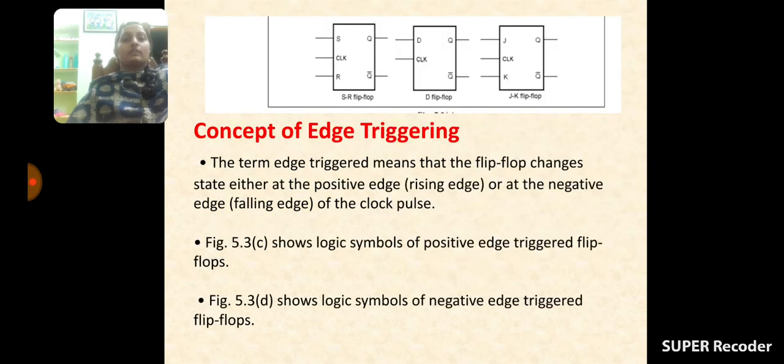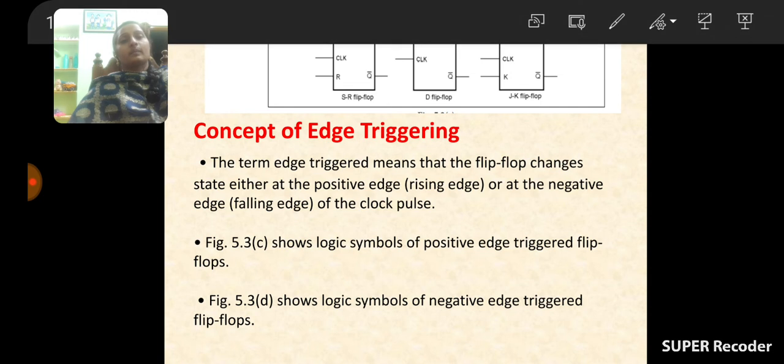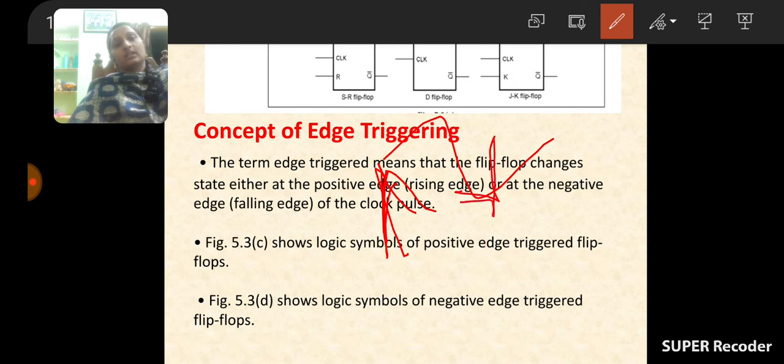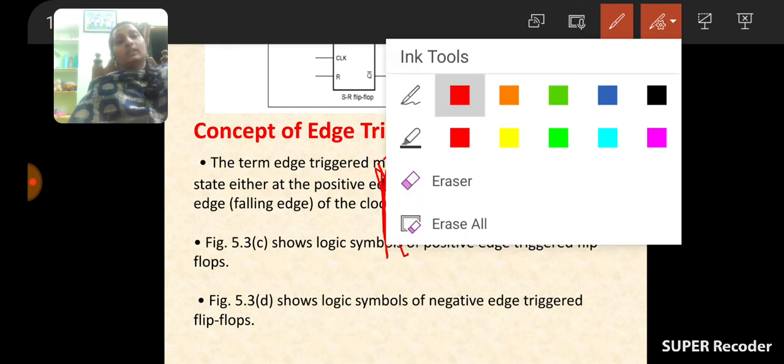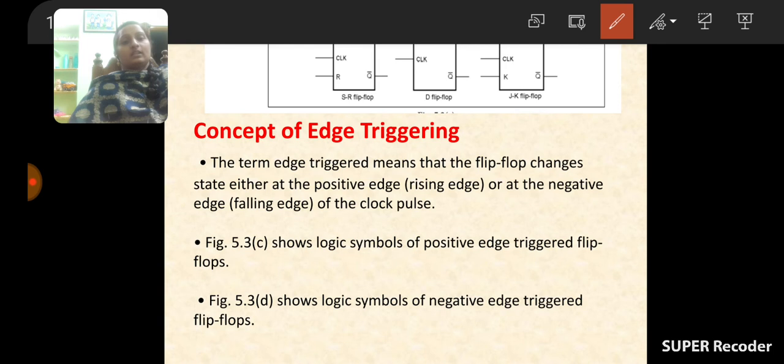And see the concept of edge triggering. So edge triggering means what? The output of flip-flops or any sequential circuit must be changed across the edge of the clock pulse, like this. Either here positive edge or here negative edge, then that is called edge triggering.